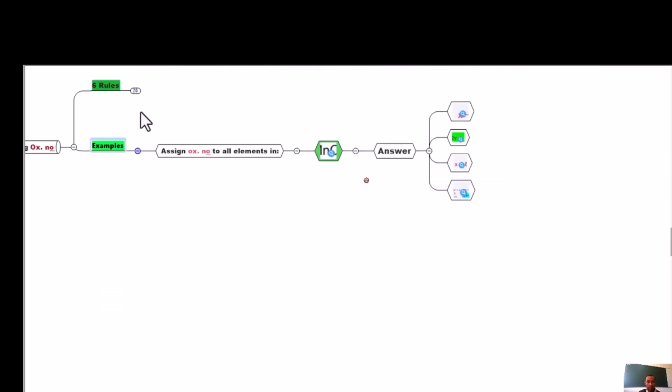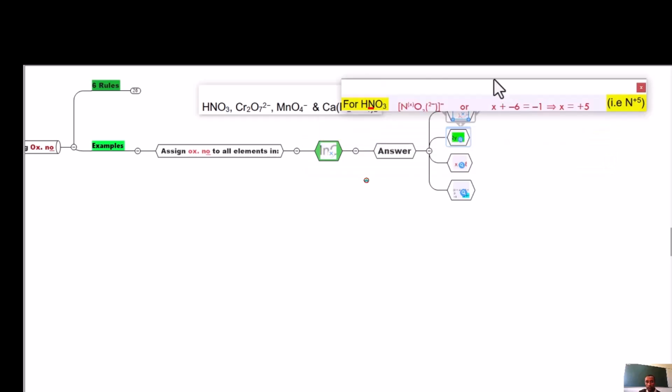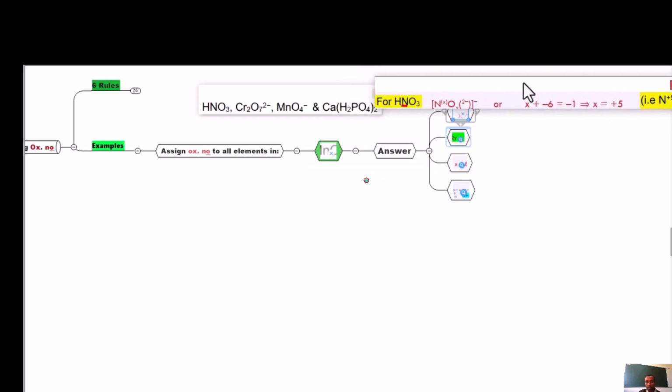Example, assign the oxidation number of nitrogen, chromium, manganese, and phosphorus. And the answer will be, for nitrogen, let the oxidation number of nitrogen be X. By the way, you can write this nitric acid as hydrogen plus nitrate in ionic form.